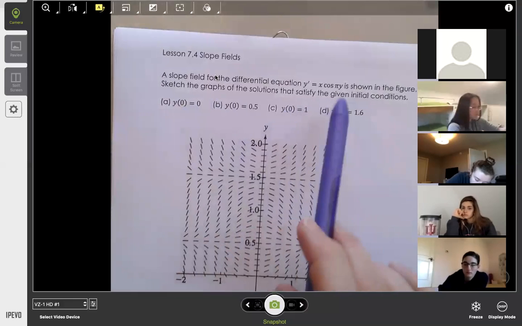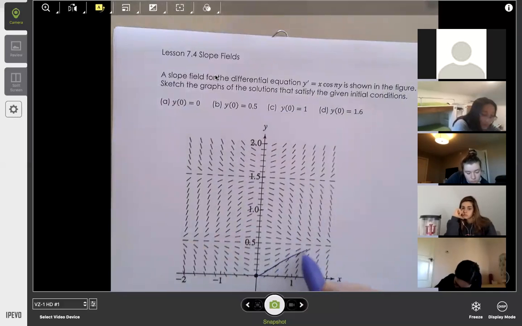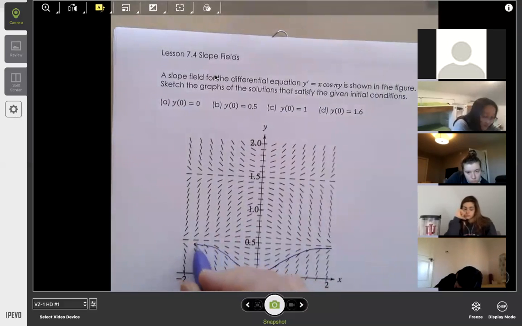Sketch the graphs of the solutions that satisfy the given initial conditions. Y of 0 is 0. So at the origin, right here, it looks like if I follow the general lines, it looks something like that.